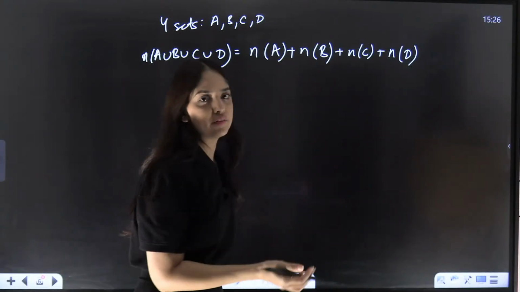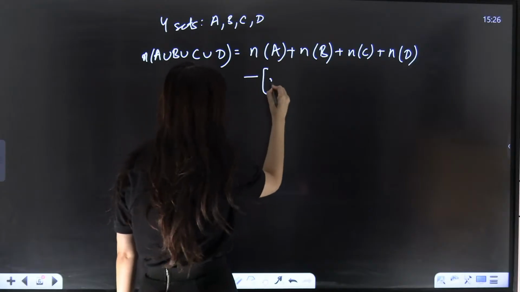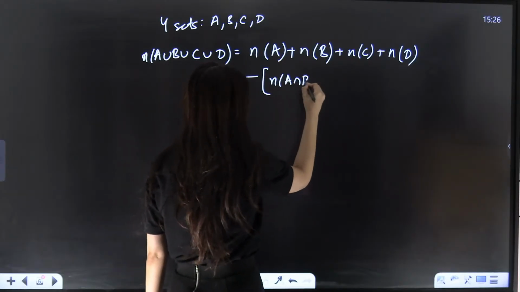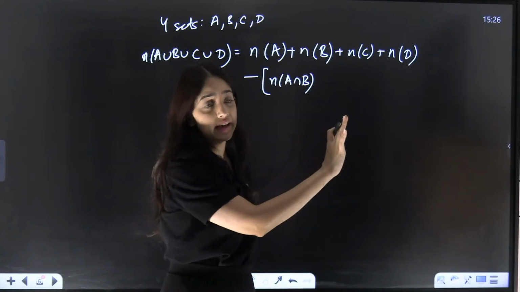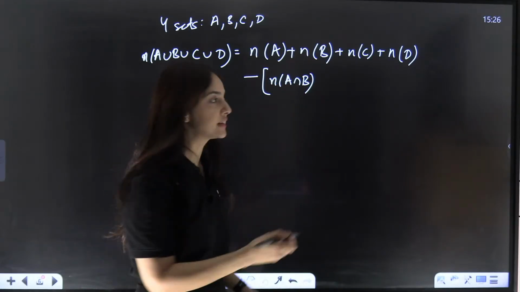Okay, now we have to subtract 2 at a time. So minus A intersection B. Now how many such will be there? We have to select 2 out of 4. 4C2, 6.